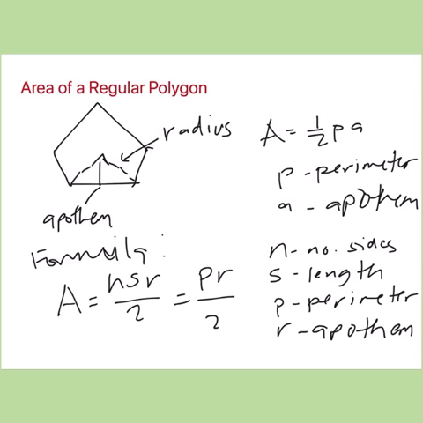An apothem of a regular polygon is a segment from its center perpendicular to one of its sides.